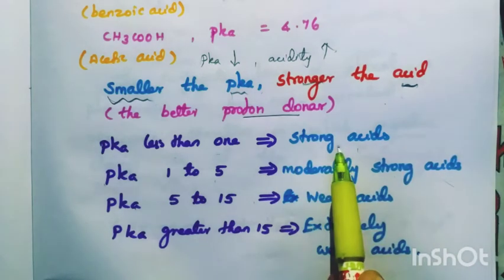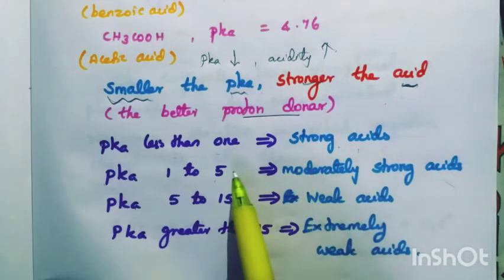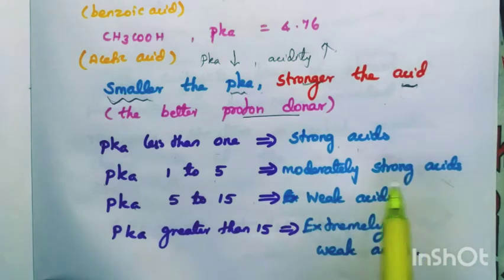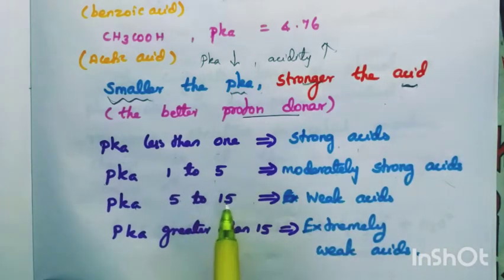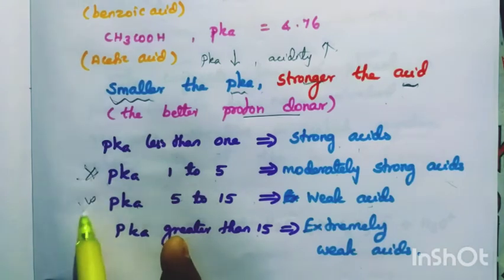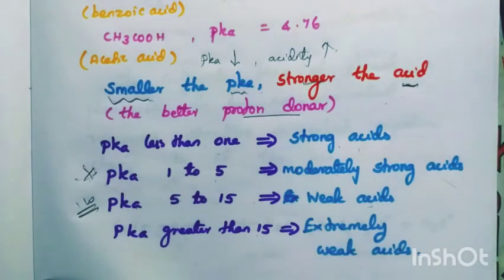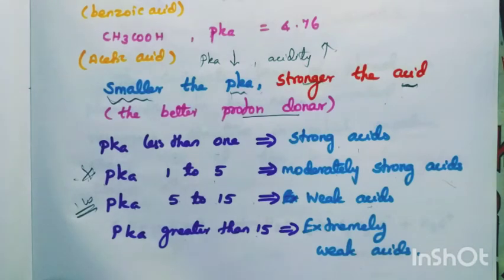So less than 1 strong acid, up to 5 moderately strong acid, 5 to 15 weak acid, and greater than 15 extremely weak acid. This is for the 1 mark. The common concept is that pKa increases means acidity decreases, or pKa decreases means acidity increases.